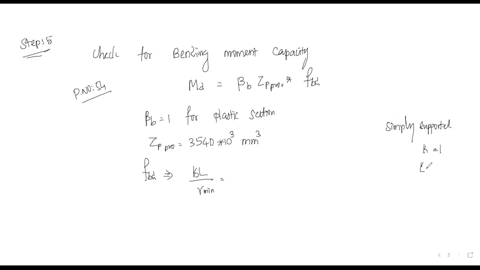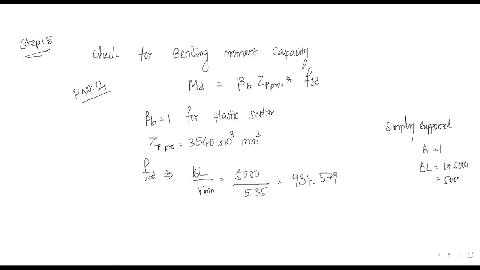Therefore K into L is equal to 1 into 5000, so it becomes 5000. 5000 divided by r minimum, 5.35 mm, becomes 934.59.